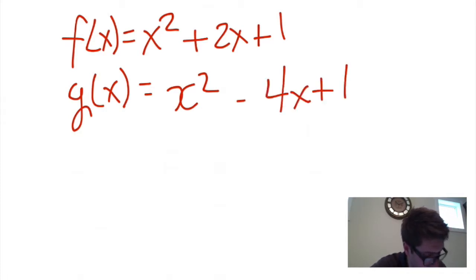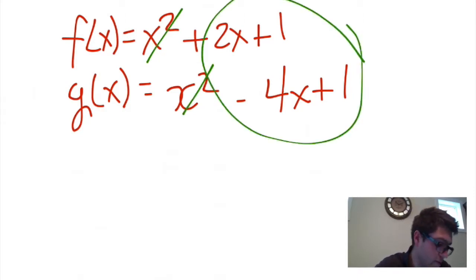If I subtract these two functions, these x squareds are going to cancel, and my result is actually a linear function. So keeping in mind that this is not always the case, we can't generalize to say that two quadratic functions are always going to give me a quadratic function when I'm dealing with addition and subtraction.